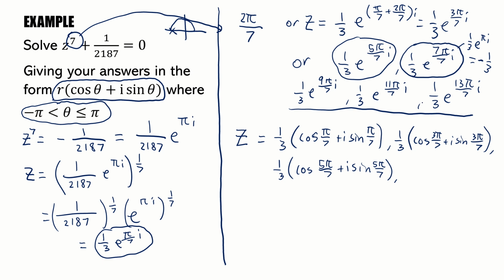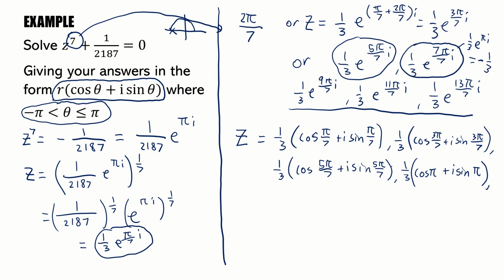However, because they've asked for it in modulus argument form, I would be tempted to still leave it with the cos and the angle, the argument, and all that sort of stuff. So, yeah, worth bearing that in mind. If in doubt, write both. But my natural instinct would be to say they probably want you to write it in that format there, even though it is just minus 1/3.